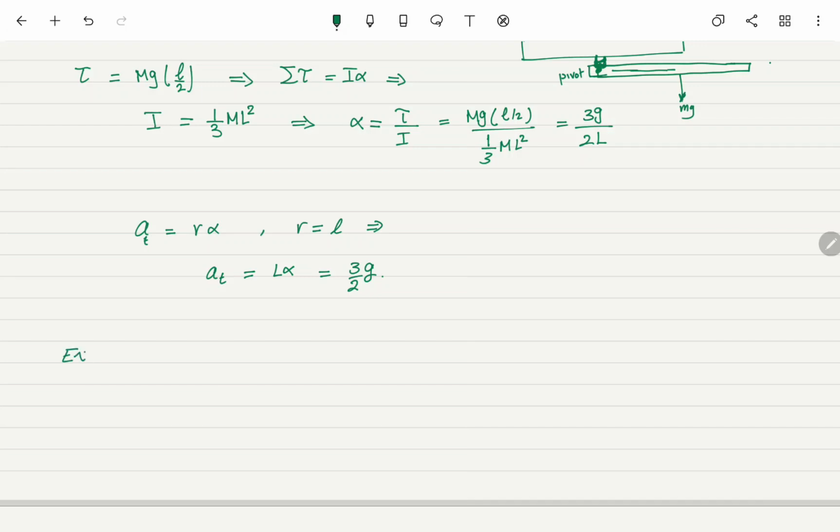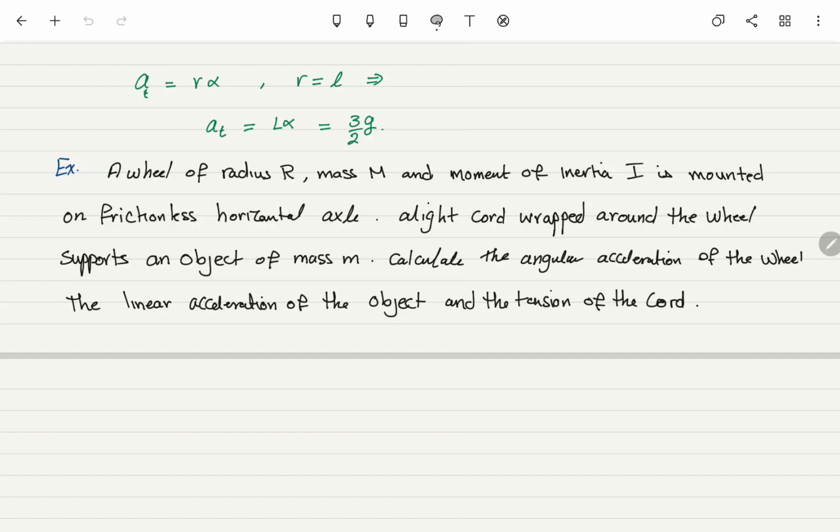Example: a wheel of radius r, mass M, and moment of inertia I is mounted on a frictionless horizontal axle. A light cord wrapped around the wheel supports an object of mass m.